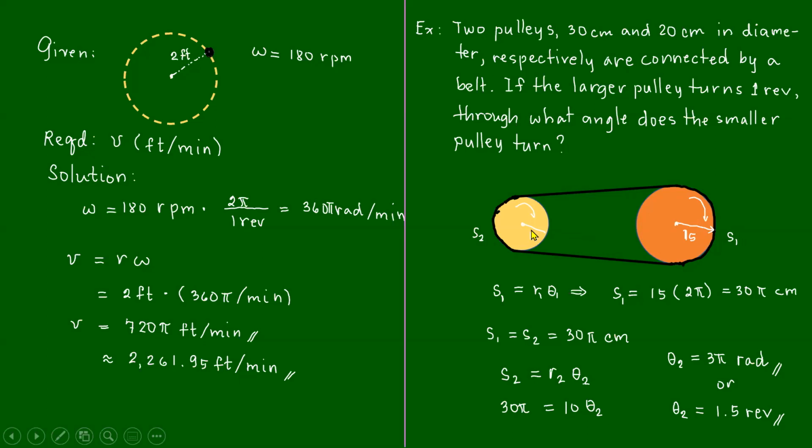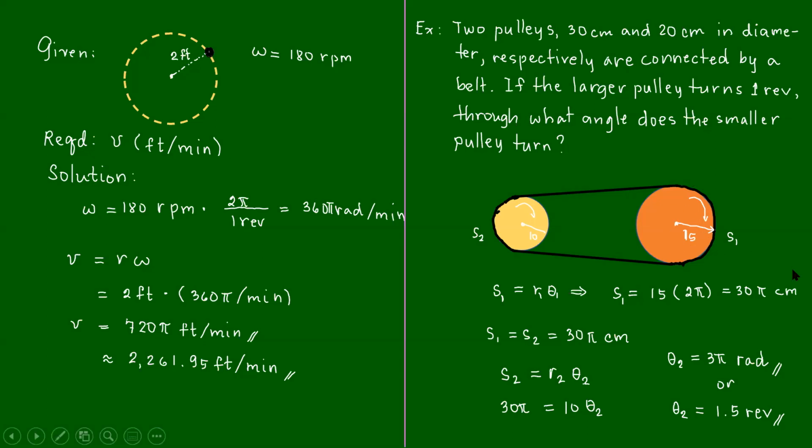We need to know the angle that the smaller pulley turns. At what angle does the smaller pulley turn? The smaller pulley turns at theta 2, and that is not equal to theta 1.